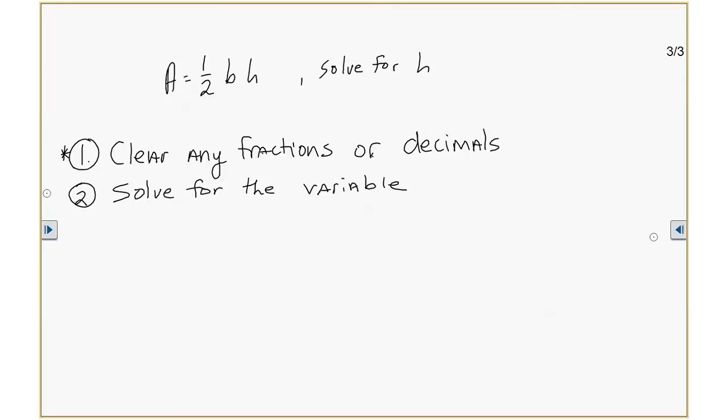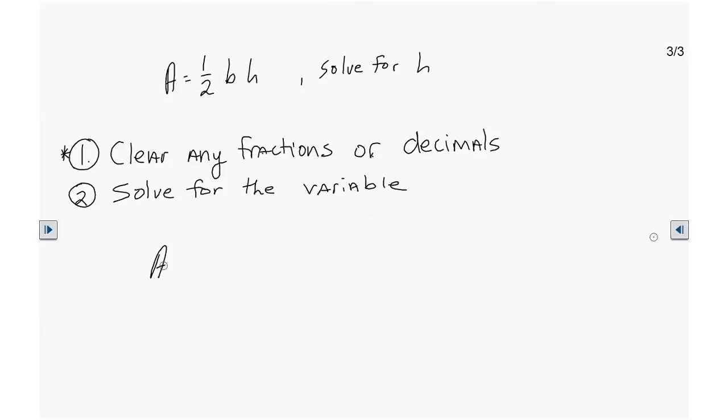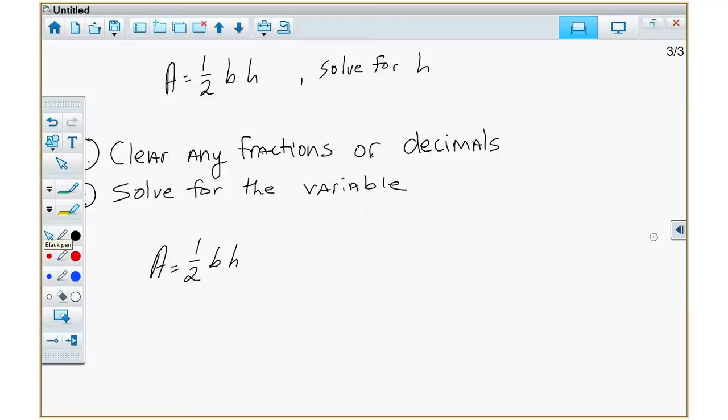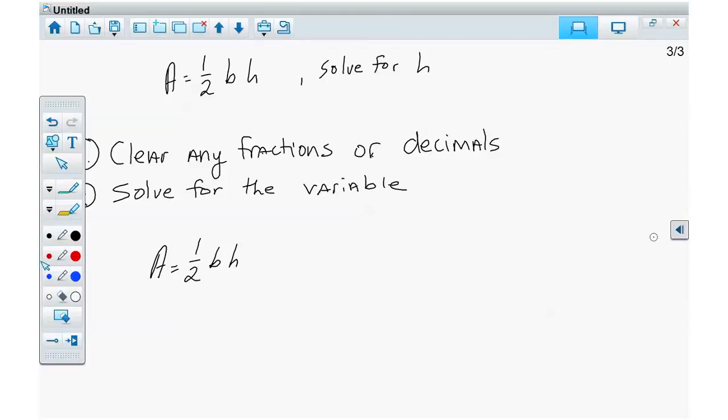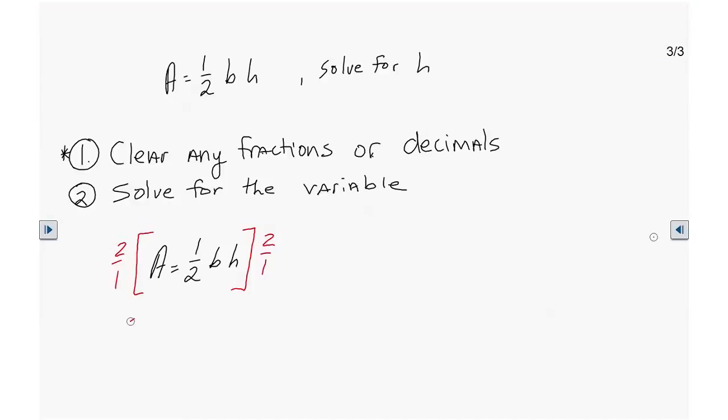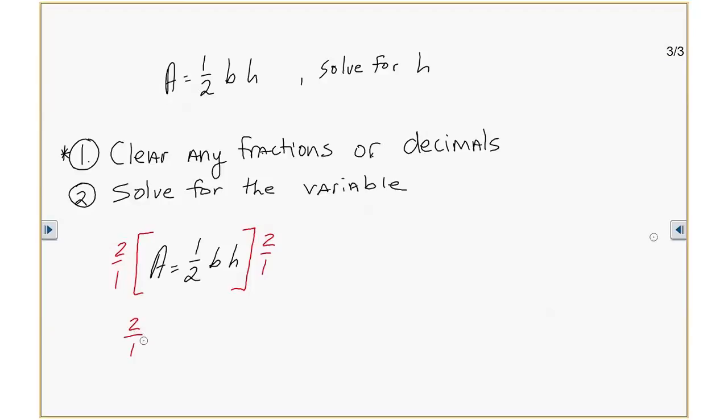So in this case, A is equal to 1/2 base times the height. Now I taught you in 6.3 that if you want to clear the fraction, to multiply by the what? Common denominator. Put a baby step in there. 2 over 1.